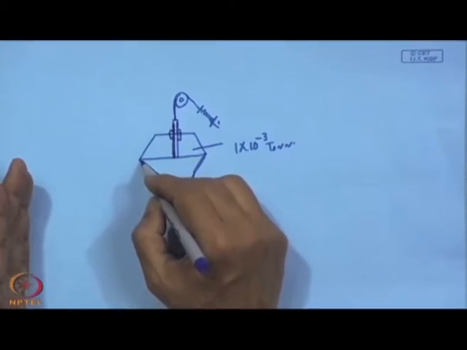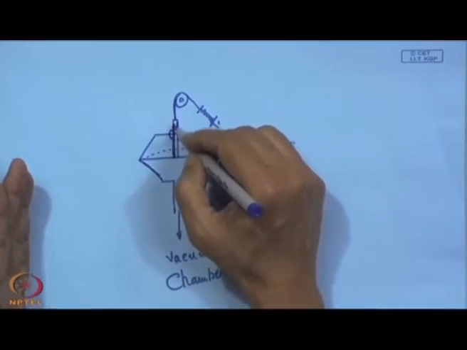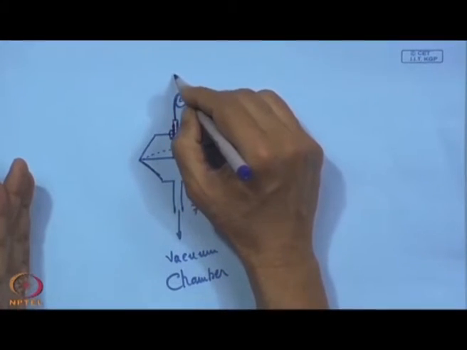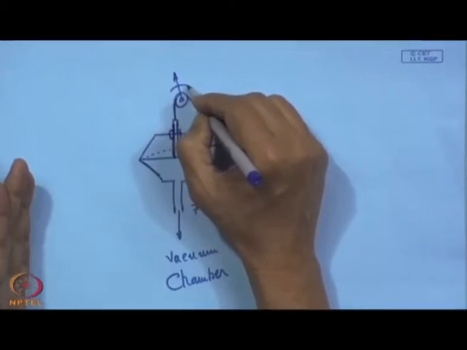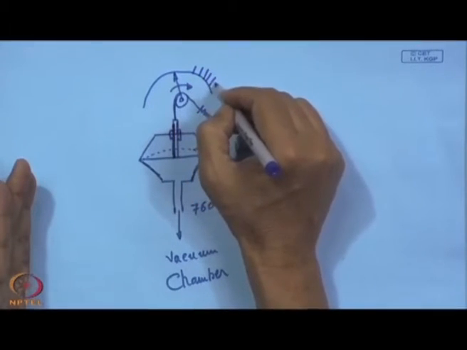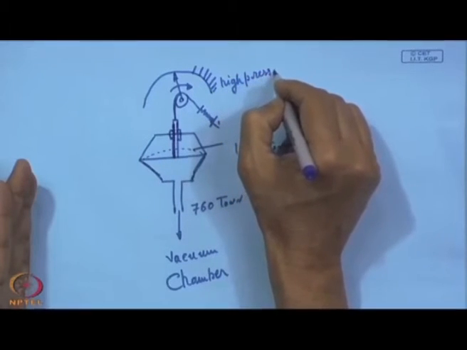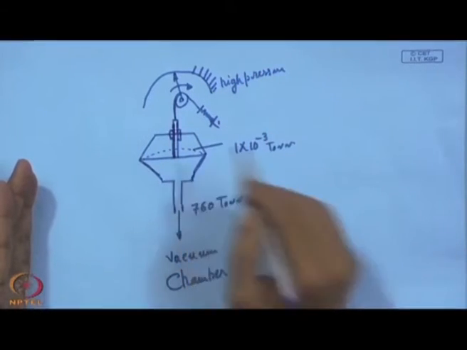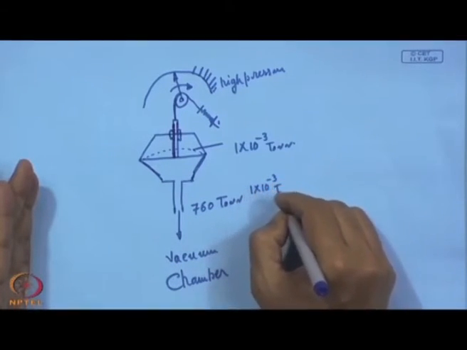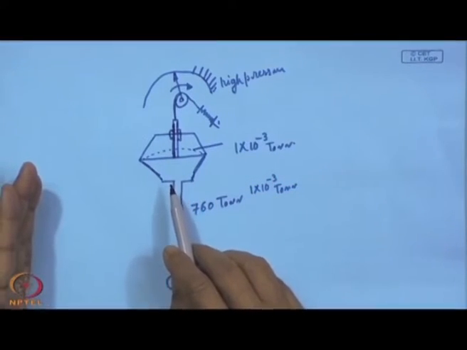So, naturally the diaphragm will have a tendency to move in this way, and the whole shaft, string and pulley will move, and if we have a pointer, then this pointer will move on a scale, and this movement towards the right means high pressure. High pressure. However, when we evacuate the system down to about 10 to the power minus 3 torr, and this is a gauge which is used for measurement of low vacuum.